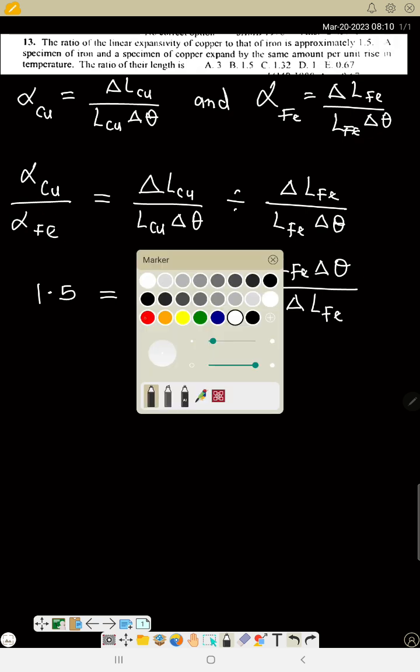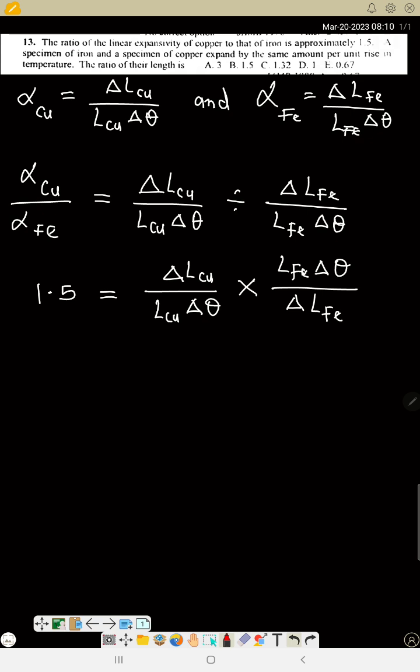Now from this statement here, that the specimen of iron and specimen of copper expand by the same amount per unit rise in temperature, it means this change in length here will be equal to this, and your theta will also be equal. So now the ratio of their length is, so question is now asking for the ratio of their length.